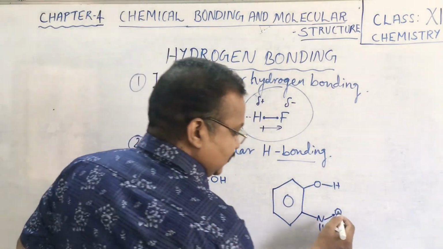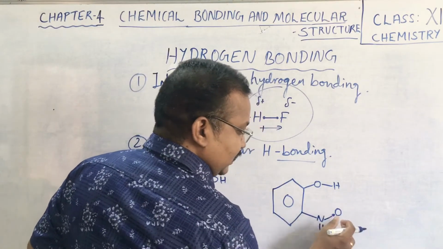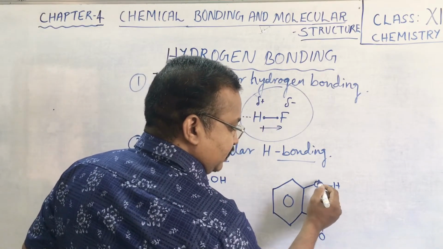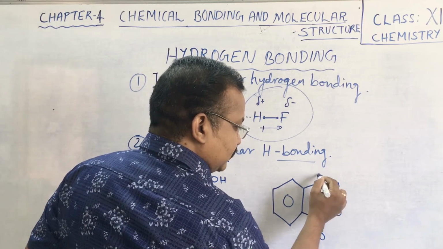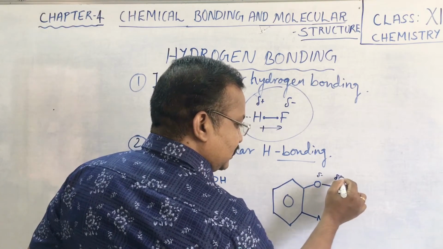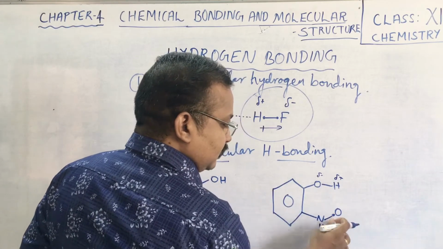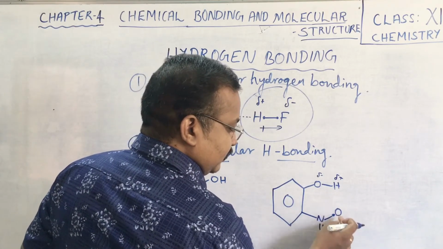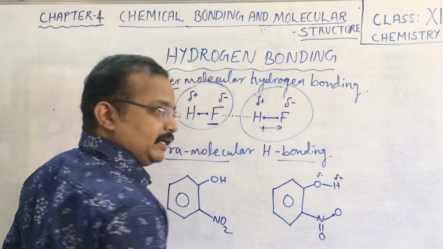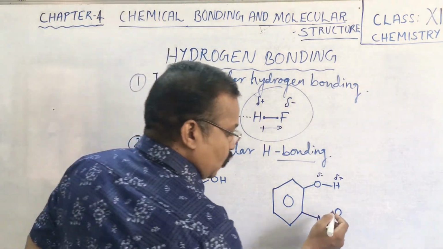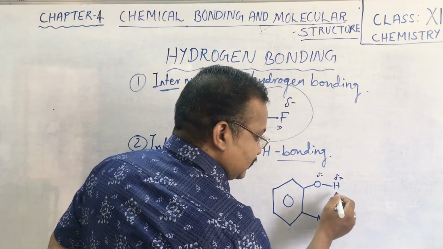Here this oxygen is highly electronegative, as you know, and the oxygen to hydrogen bond is also polarized, where this becomes delta negative and this is delta positive. This oxygen is more electronegative even than nitrogen, so this oxygen is delta negative and this is delta positive.